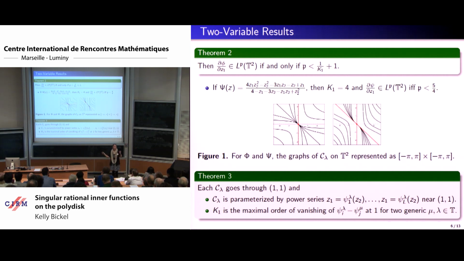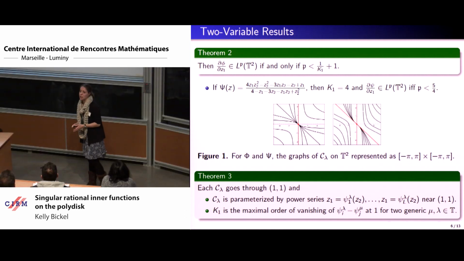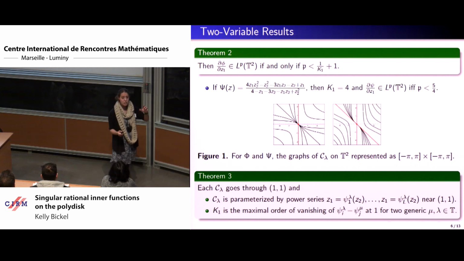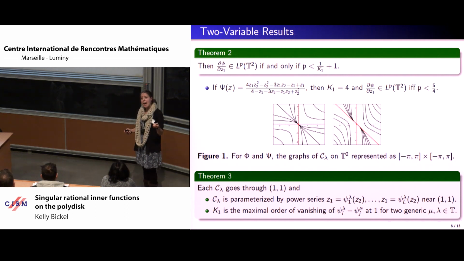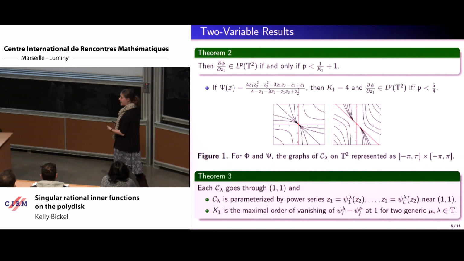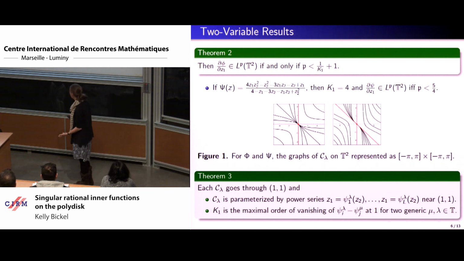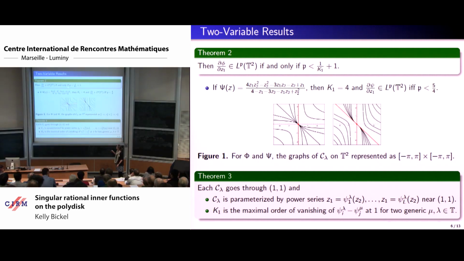In particular, you take the two power series associated to, say, two unimodular level sets, you subtract them, and you take the power of the first non-vanishing term. So this gives you the maximal order of vanishing of the difference, and that power will always give you exactly the contact order. And so in particular, you can use the structure of unimodular level sets to compute this positive even integer that governed derivative integrability.